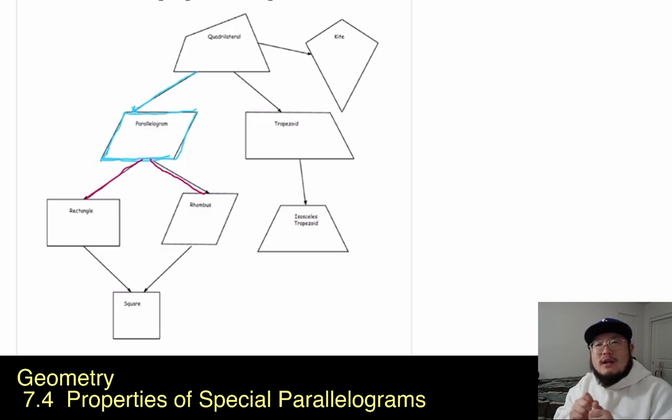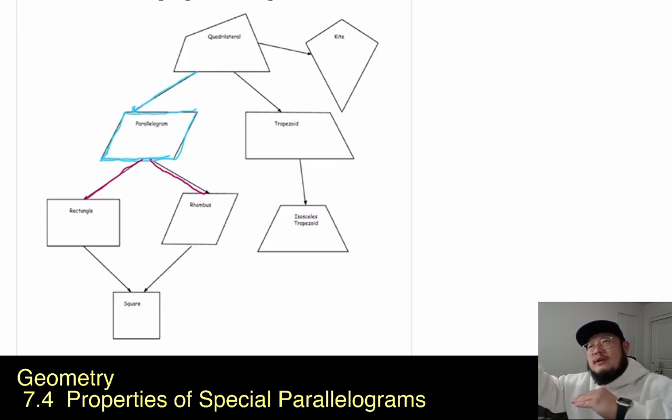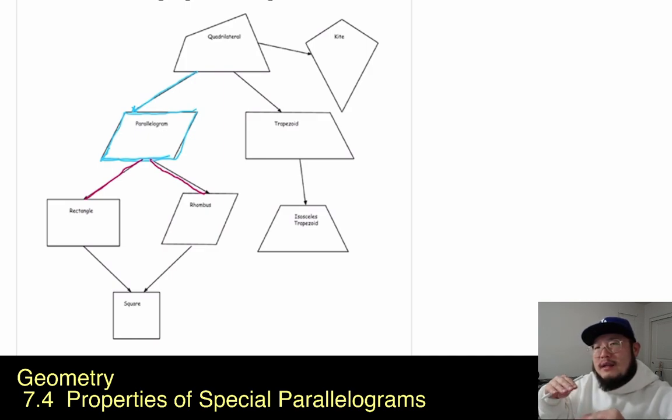So quadrilaterals can be a parallelogram, trapezoid, or kite. But are all parallelograms quadrilaterals? Yes. So going downwards, we get a little more specific. But as we move up the list, you'll see that not all the characteristics coincide with each one.